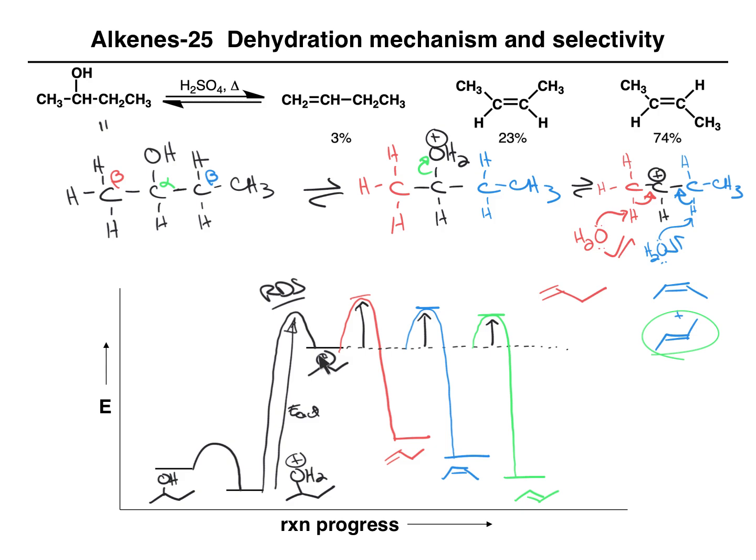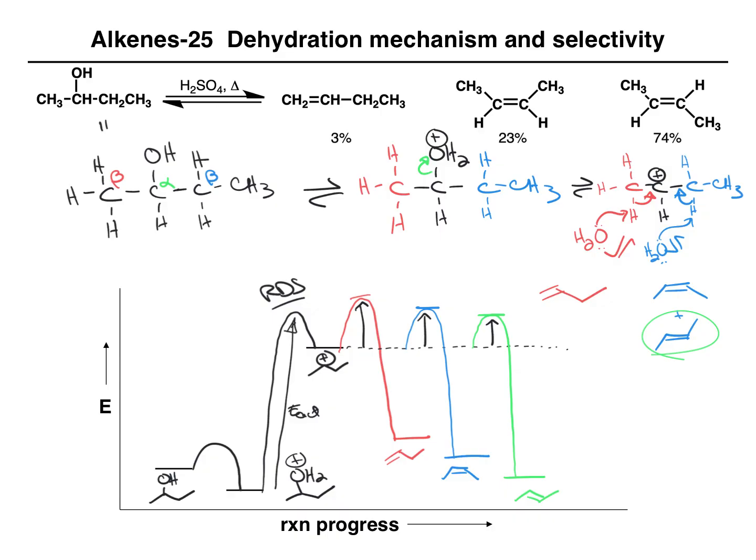So because this energy is much higher and this energy is much lower, then our maximum is going to be closer in structure, closer in energy to our carbocation. So all of these transition states are going to be very similar to the carbocation. They're similar in energy, they will be similar in structure.